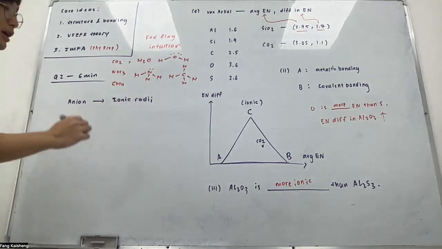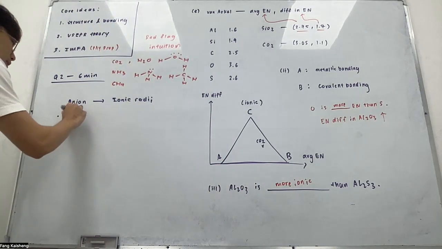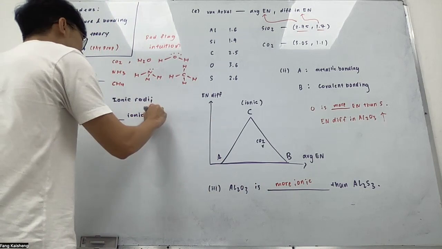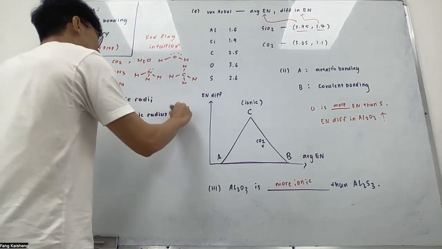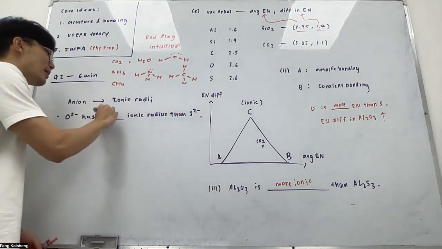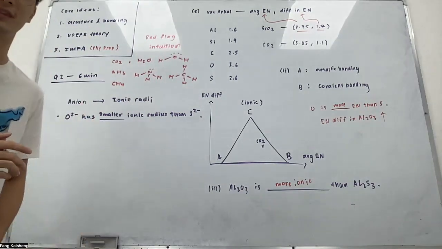So if we look at the ionic radius, can I ask you, O2 minus versus S2 minus? The ionic radius of O2 minus has to be smaller, right? Because O2 minus is higher up in the periodic table, so it has fewer quantum shells.